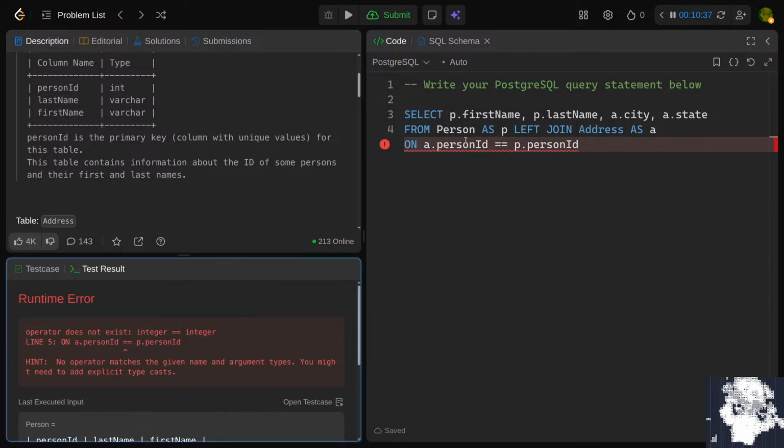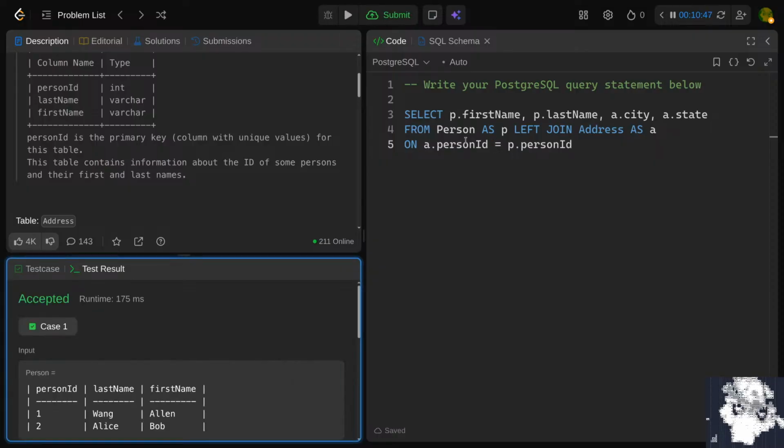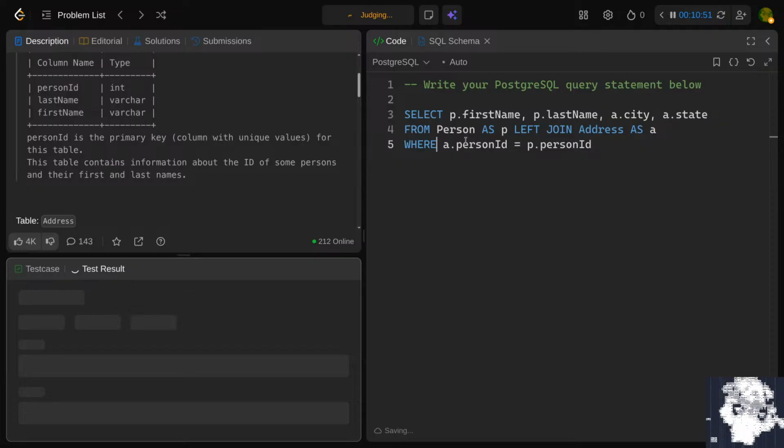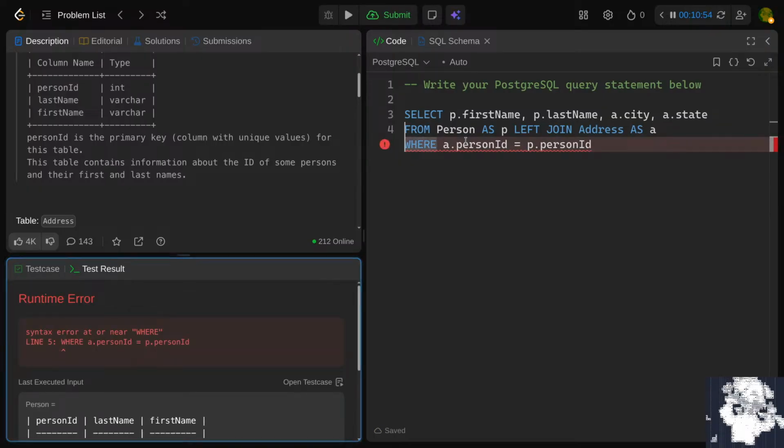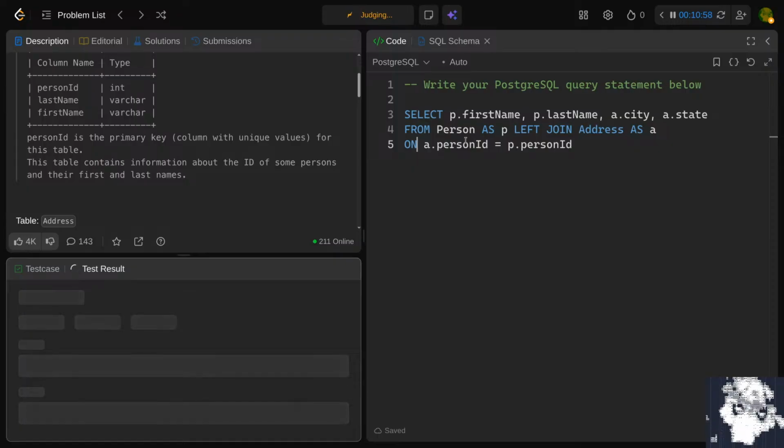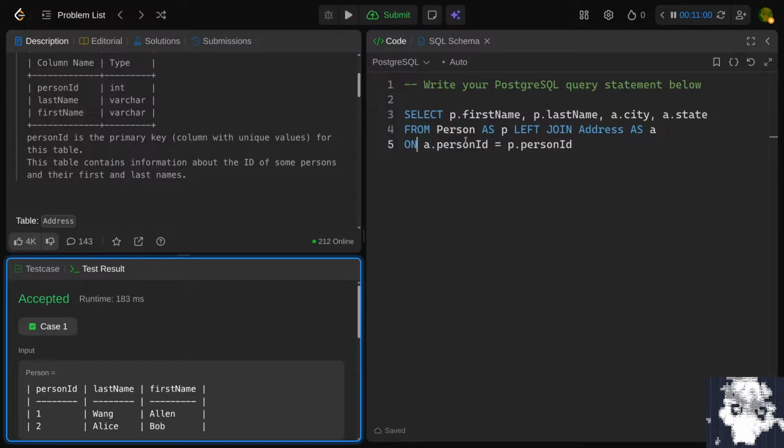Is it the difference between where and on? Oh, you don't do equals equals, you just do equals, right? Yeah. And is where the same as on here? No. So where is a condition for what I'm returning, and on is a condition for the joining?